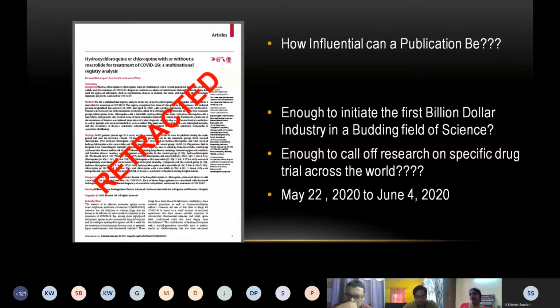The very first point: if I say we create the first billion-dollar industry in a budding field of science, does it ring a bell to anybody? Have you heard of any one publication that actually marked the beginning of biotechnology in Silicon Valley?